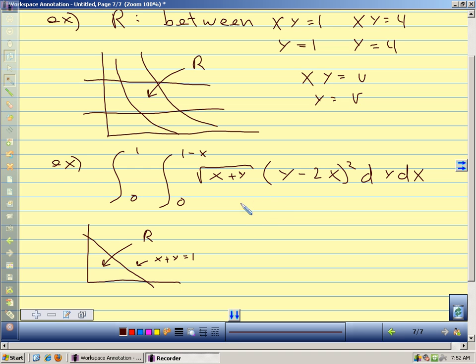But if we made the substitution u equals x plus y, and v equals y minus 2x, that simplifies the integrand considerably, and it makes this integral actually doable. So this would be an example of where we'd use the Jacobian, a change of variables, to simplify an integrand rather than to simplify a region.